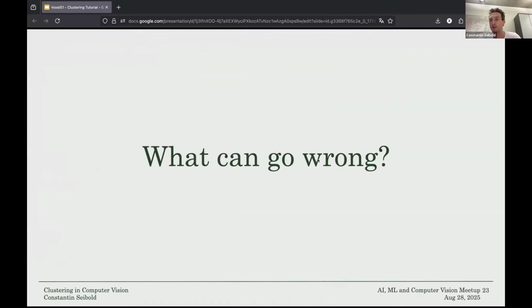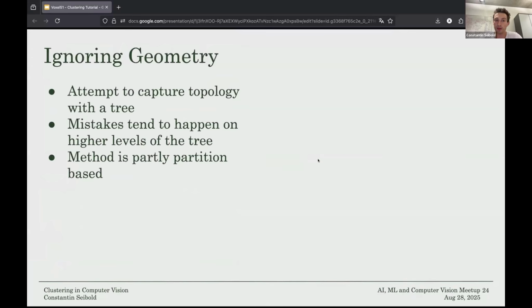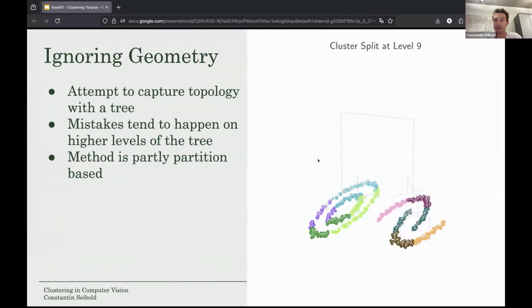But now let's go to what can go wrong with HAC. Similar to every clustering algorithm, we have problems with geometry. And this can happen more commonly at the higher levels of the tree, because on the bottom, you start with individual points.